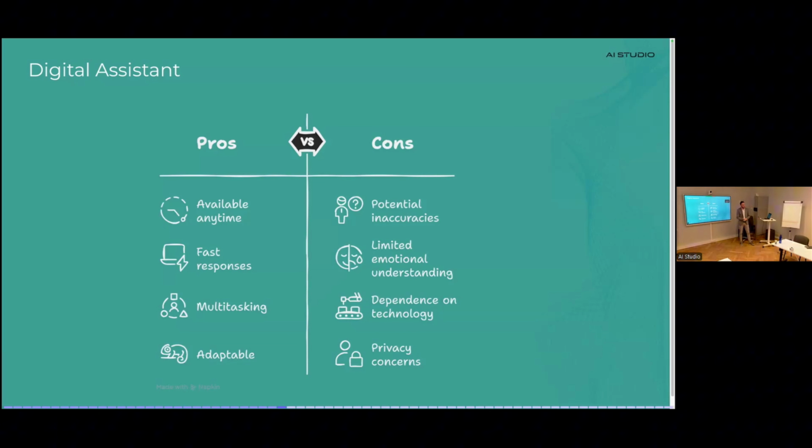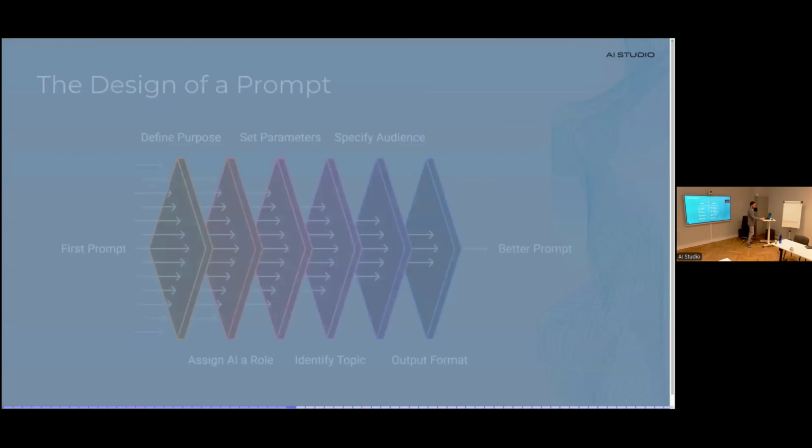There's no emotional understanding, because even I sometimes don't understand from text what's meant and what's emotional, not to mention machines. We become more dependent on technology. We outsource thinking in a way. So we have to develop thinking, not outsource it. And as we talked about previously, privacy concerns.